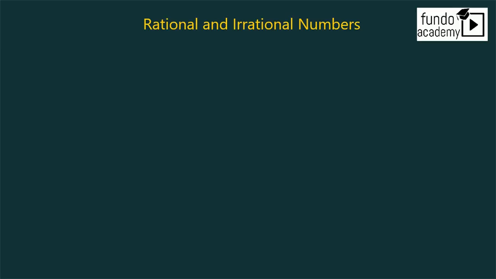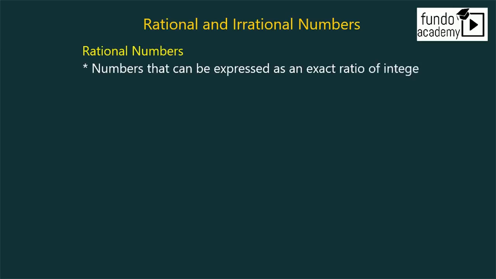Okay, so we want to start with rational numbers. So what is a rational number? You need to know that rational numbers are numbers that can be expressed as an exact ratio of integers. So all numbers that can be expressed as an exact ratio of integers are rational numbers.